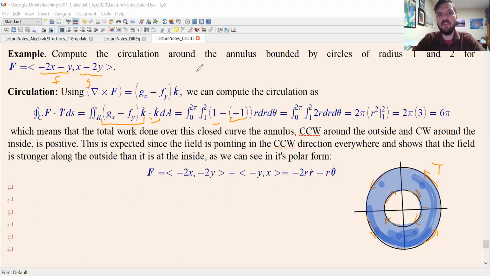And then we rewrite dA, or I should say convert dA into polar, r dr d theta, and integrate from 0 to 2 pi and 1 to 2. Now, we didn't convert the vector field into polar. We just converted the double integral.